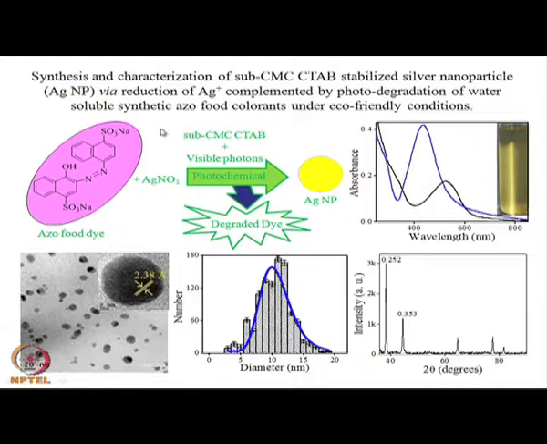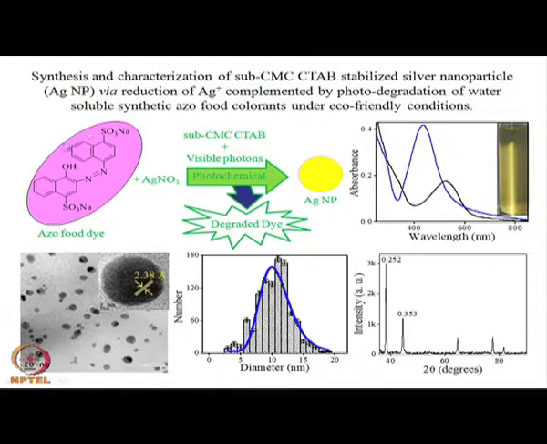Before that I must emphasize that this method of synthesis of sub CMC CTAB stabilized silver nanoparticle is indeed an eco-friendly approach. Eco-friendly means you are using very little concentration of CTAB, because high CTAB concentration may be problematic, and you are not using any toxic chemical, because these dyes are toxic but not that much toxic.